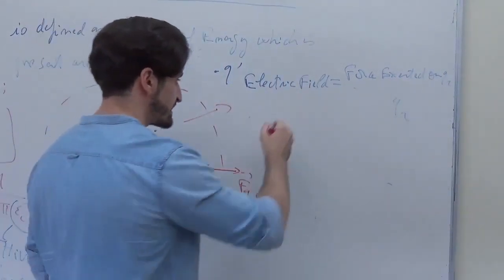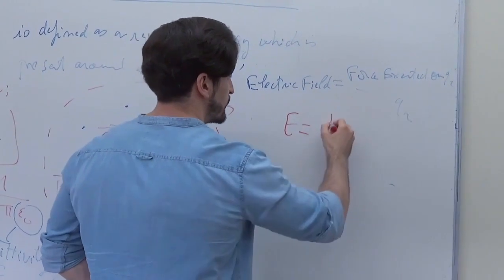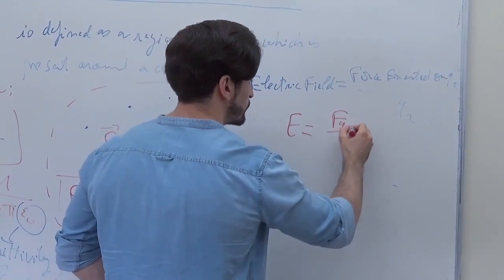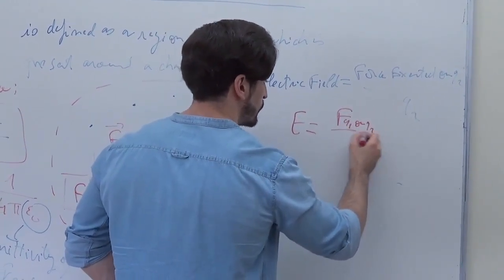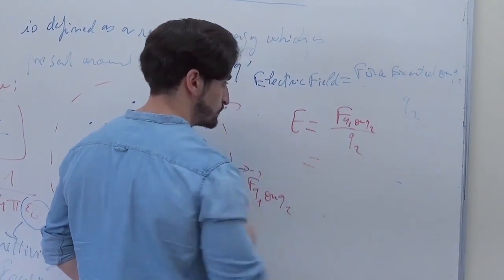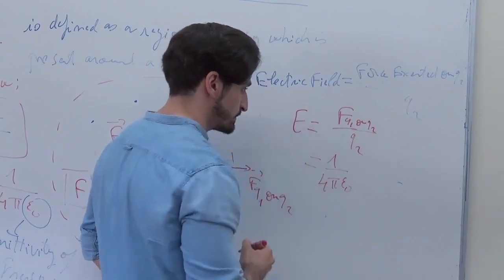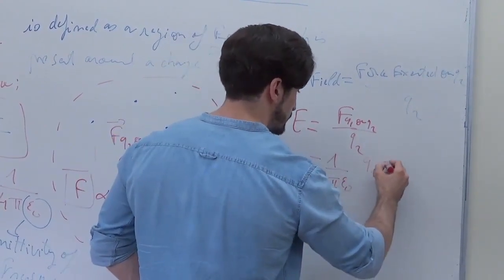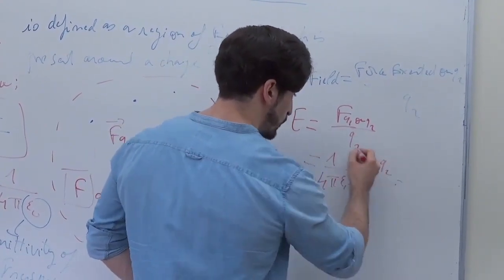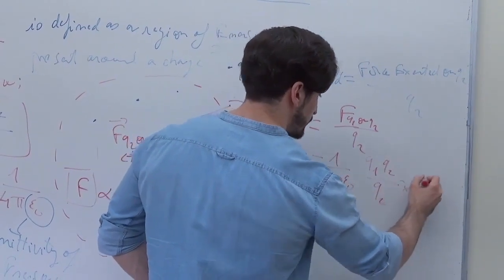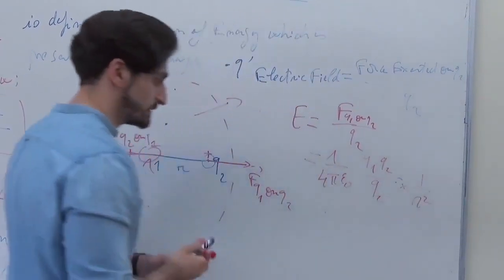So in other words, E is equal to F of Q1 on Q2 over Q2, which is equal to 1 over 4 pi epsilon 0 times Q1 times Q2 over Q2 times 1 over R squared.